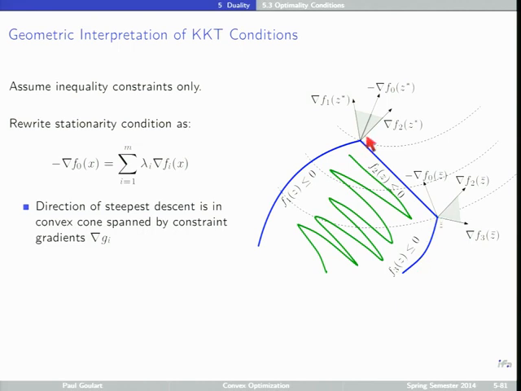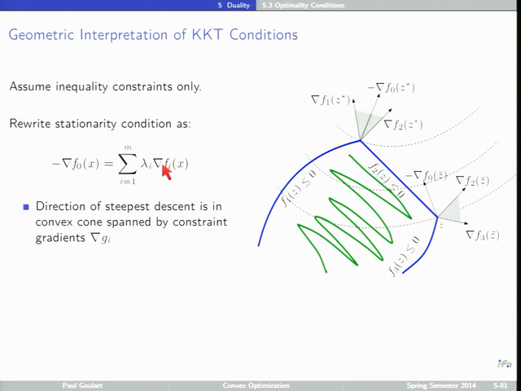Because of my complementarity condition, since f3 will be strictly negative at that point, the multiplier that goes with it, lambda 3, has to be 0. And so I'm not allowed to use it when I check to see if this gradient is inside the cone.